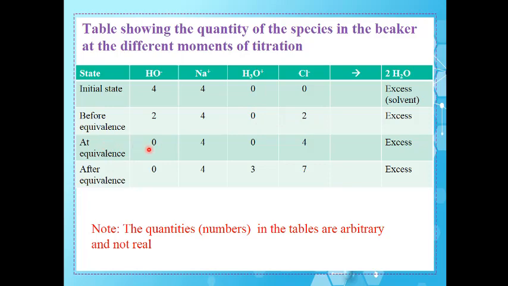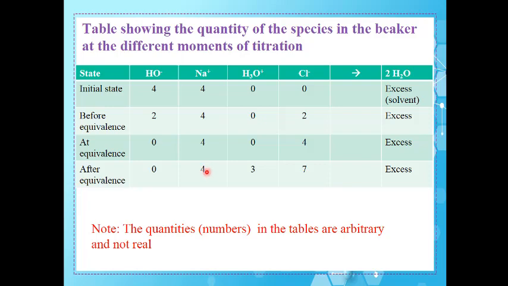At equivalence, we don't have any more OH- because this is equivalence, it's neutrality. We don't have H3O+, simply we have Na+ and Cl- in equal numbers, and definitely we have H2O. Now after equivalence, there is no more OH-. This is 4 Na+.